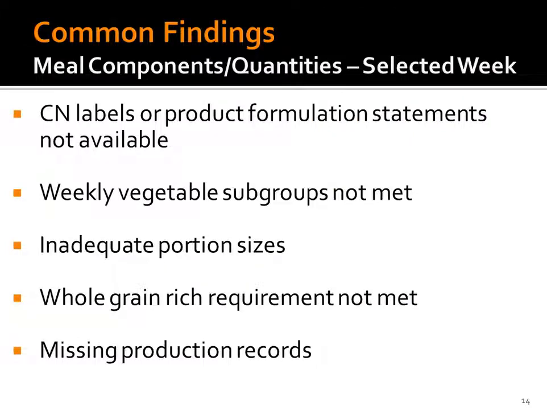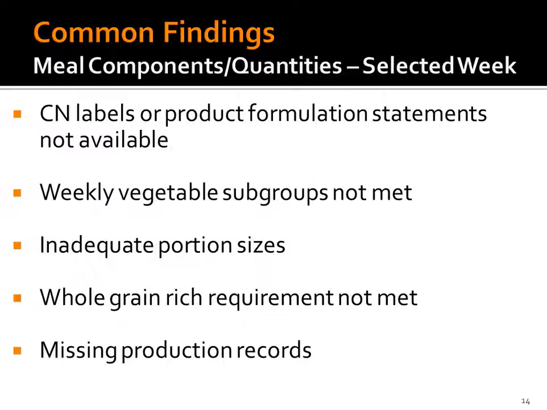Our reviews last school year found several errors with the selected weeks of menus. Quite possibly, the biggest finding was that child nutrition labels or product formulation statements were not available. When this documentation is not on file, then it is impossible for us to know how your food item supported the meal pattern requirements, especially with portion sizes and the whole grain rich requirement.